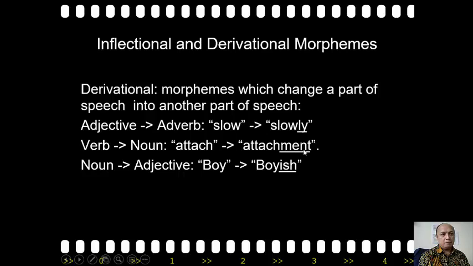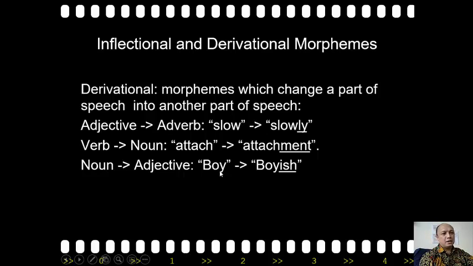The presence of ment here changes the verb into noun. So the ment there is a derivational morpheme. Then from noun to adjective, you have a noun boy, and by adding the derivational morpheme ish at the end of boy, you suddenly have an adjective, boyish.